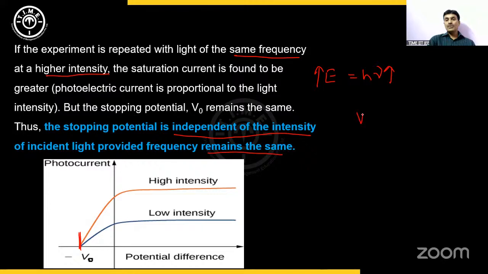So stopping potential V0 will be proportional to the frequency of radiation. If this is fixed, V0 is also fixed. That's why for two different intensities with the same frequency, the stopping potential remains the same. Understood?